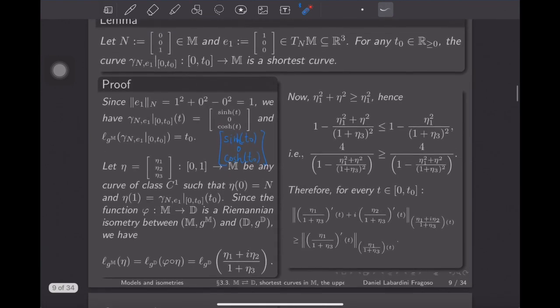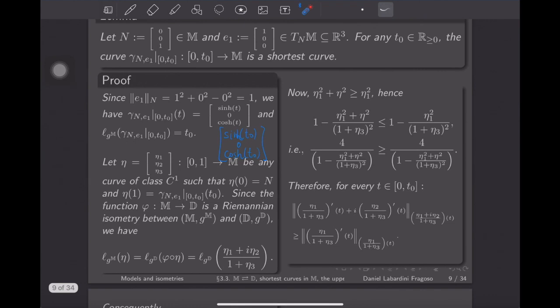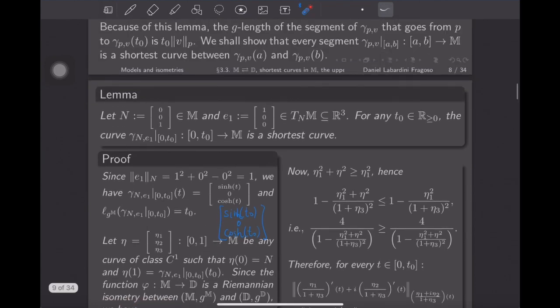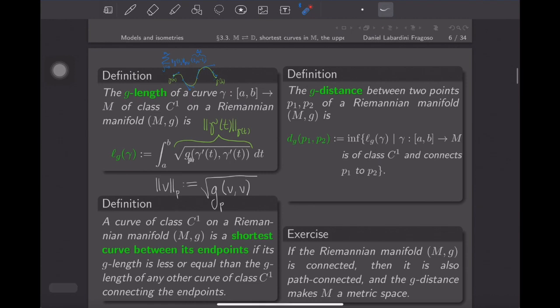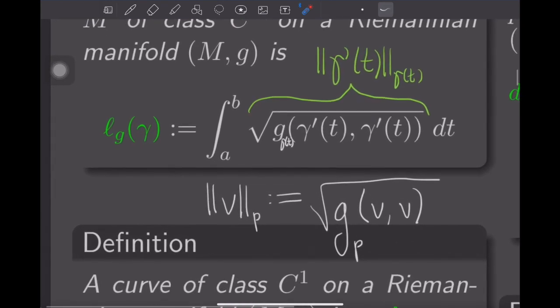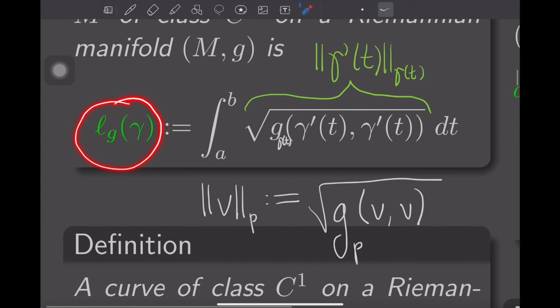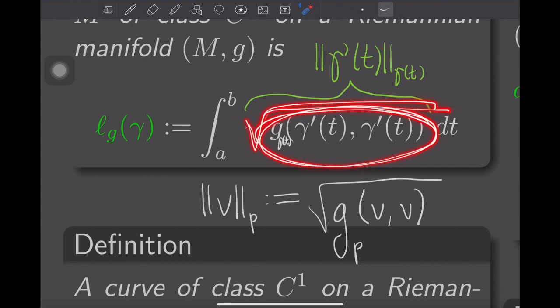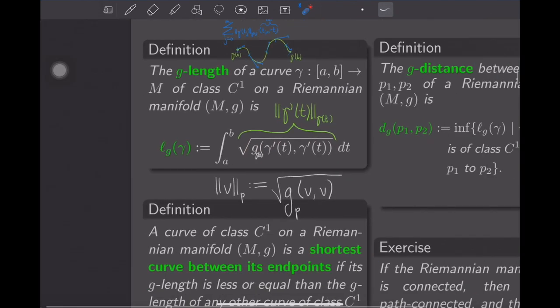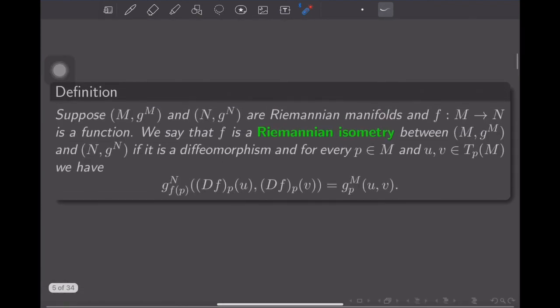Since it's a Riemannian isometry, let me go back to the definition of length. The definition of length is given as, you see, you have to integrate the square root of this inner product. But if you have a Riemannian isometry, you can replace this inner product with the inner product under the image, because in a Riemannian isometry you have this equality.